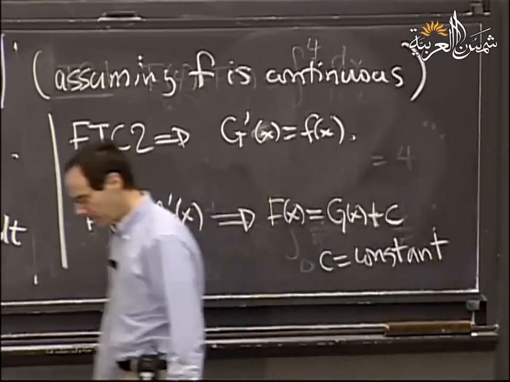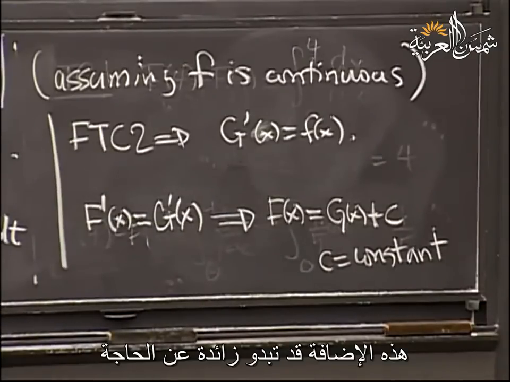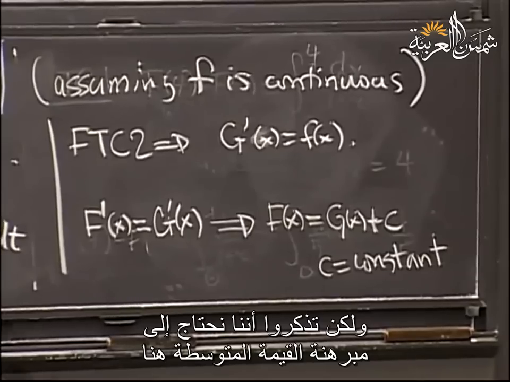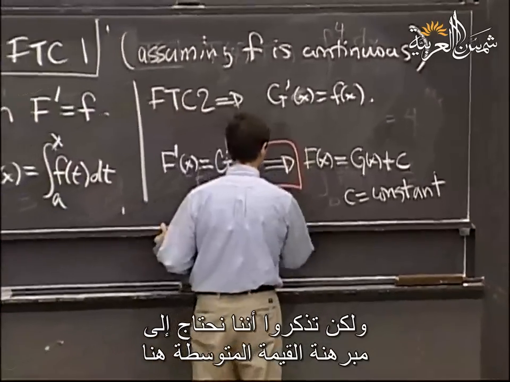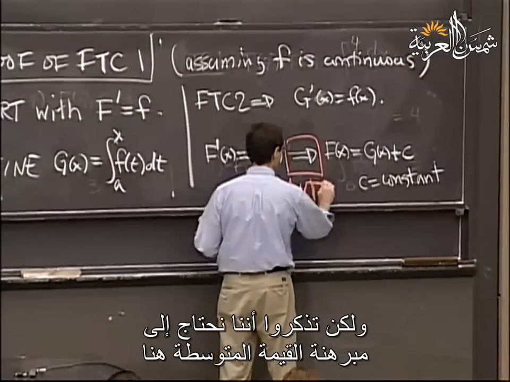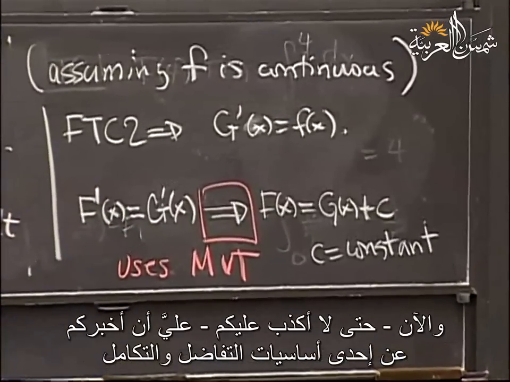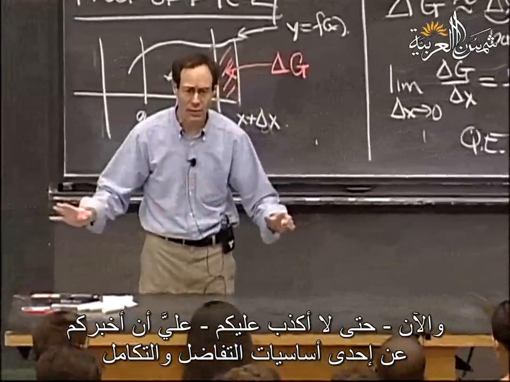Now, this little step may seem innocuous, but I remind you that this is the spot that requires the mean value theorem. So in order not to lie to you, we actually tell you what the underpinnings of all of calculus are.